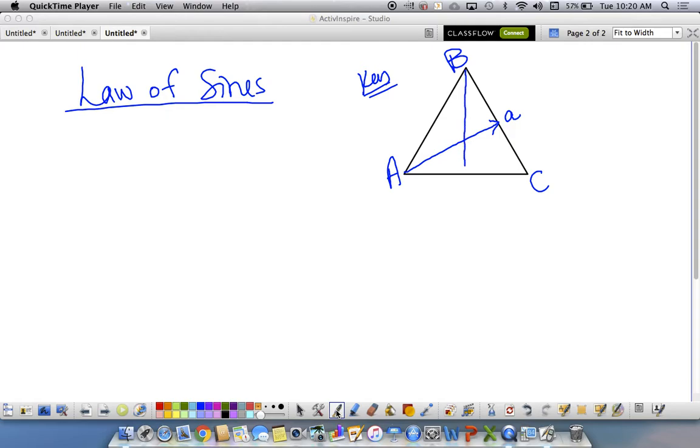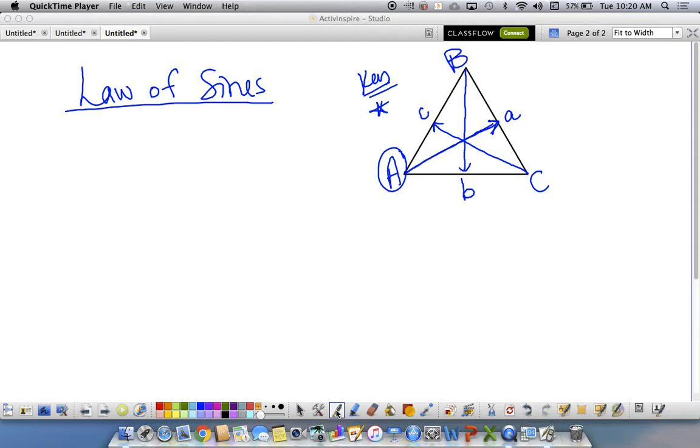Across from angle B is side B, little b. Across from angle C will be side C, little c. So it's very imperative that you remember angle A, big A, is across from side A.